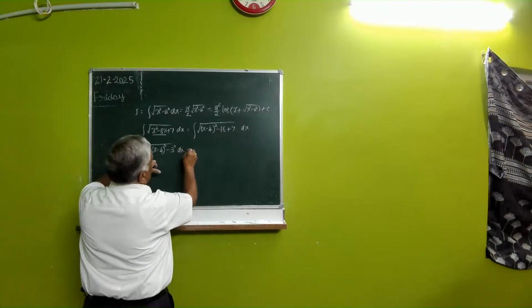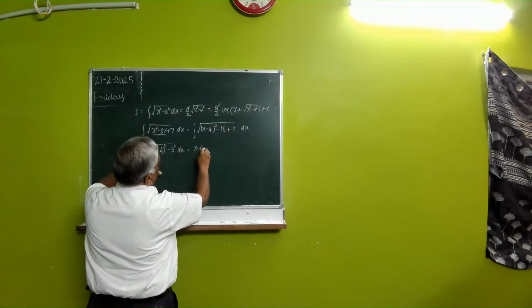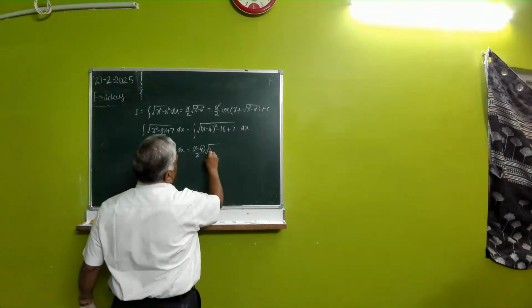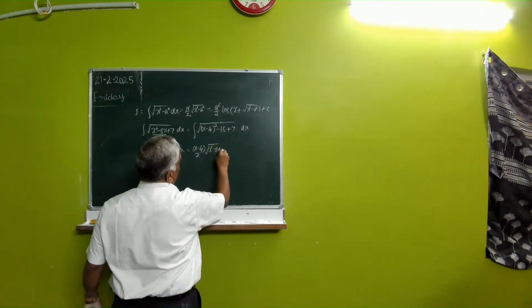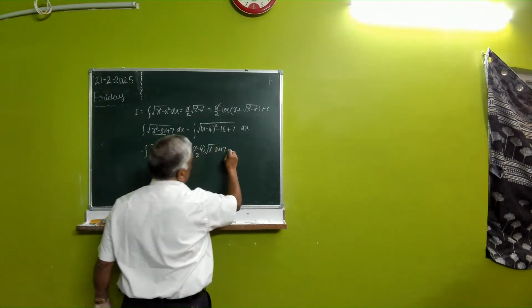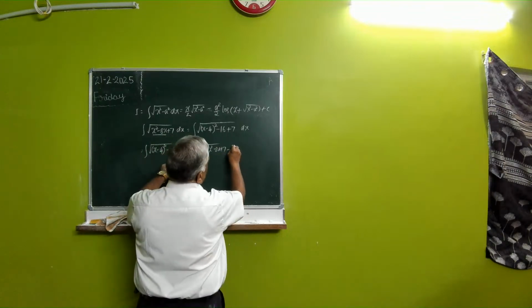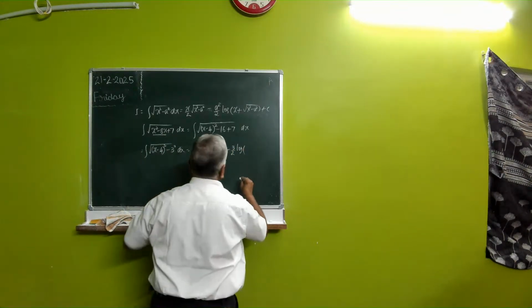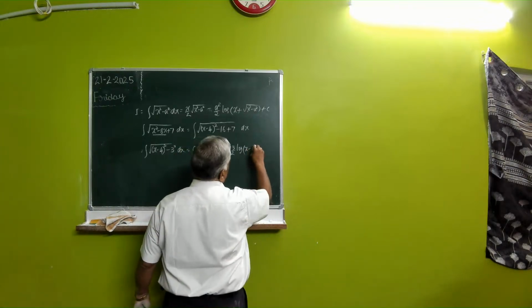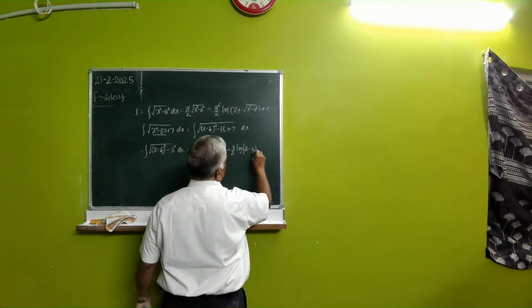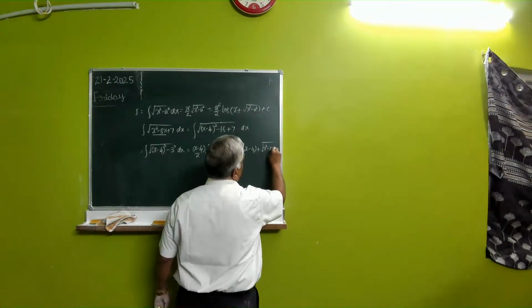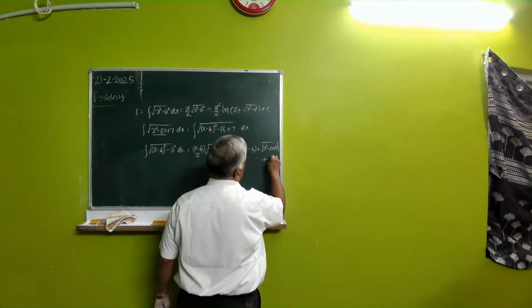Same, we can use the formula: x minus 4 by 2 into root of x square minus 8x plus 7, minus a square, which is 3 by 2 log of x minus 4 plus root of x square minus 8x plus 7.